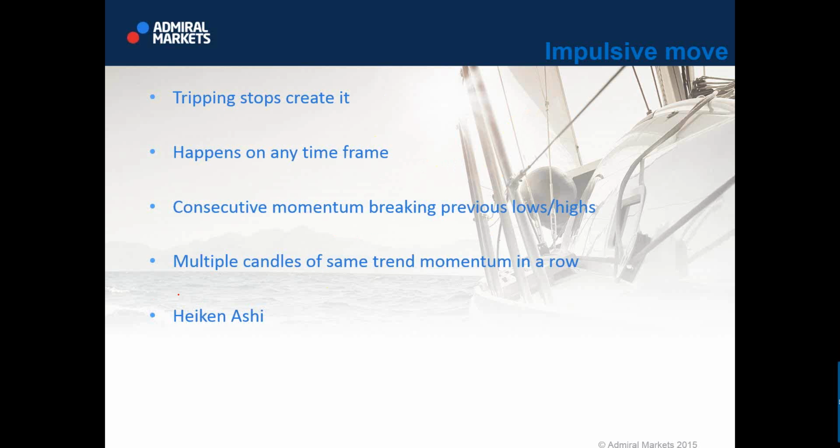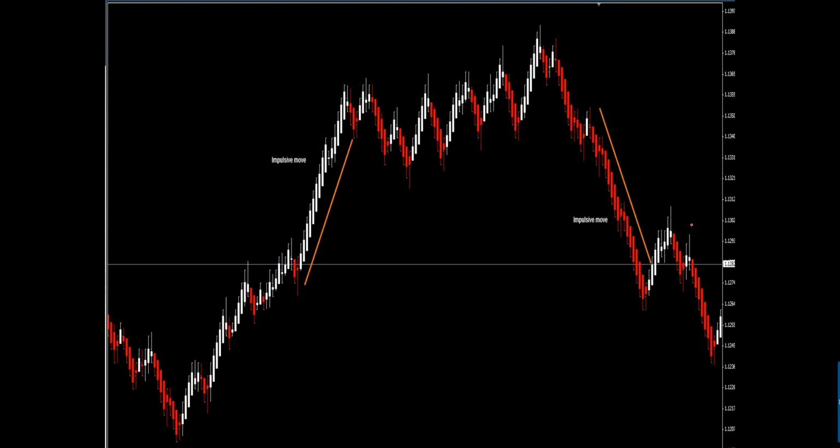An impulsive move usually has multiple candles of the same momentum in a row, and as I said, it's very well seen on Heikin-Ashi candlesticks. Using Heikin-Ashi candlesticks, of course with range bars, we can see that this is an example of a good impulsive move, and this is an example of a downward impulsive move.